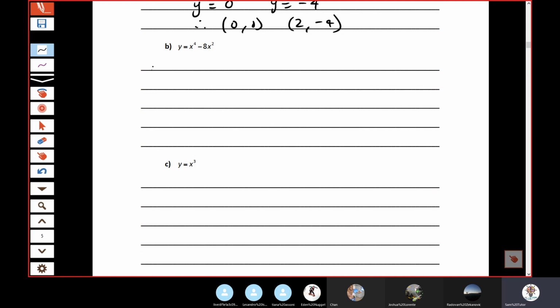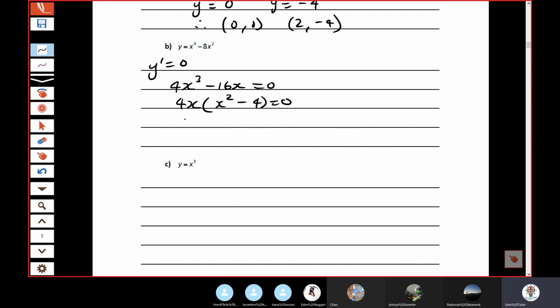Stationary points. Y dash equals 0. 4x cubed minus 16x equals 0. Factorize 4x out. x squared minus 4 equals 0.